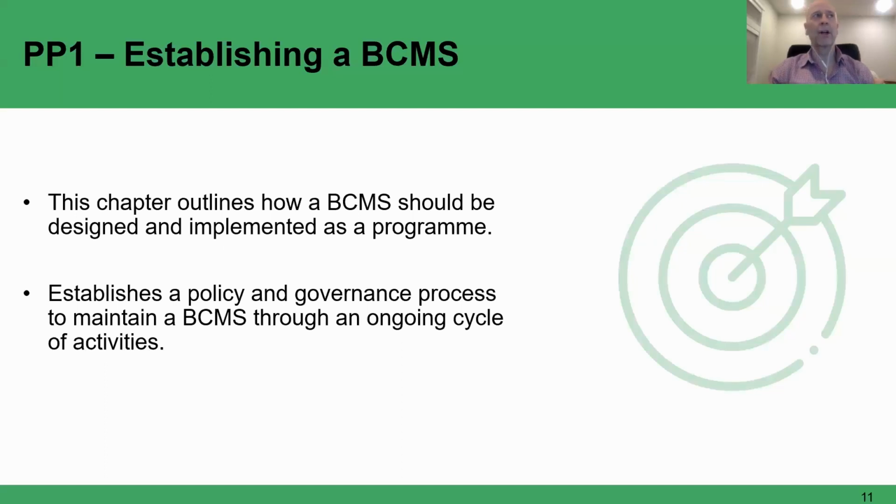As opposed to, in the old Good Practice Guidelines, page 25, there was a healthy bulleted list there in relation to what the documentation you should consider or what you should have within your BC program. Those lengthy lists have been removed from professional practice 1, so it allows you that flexibility to apply that in a meaningful way to your organization.